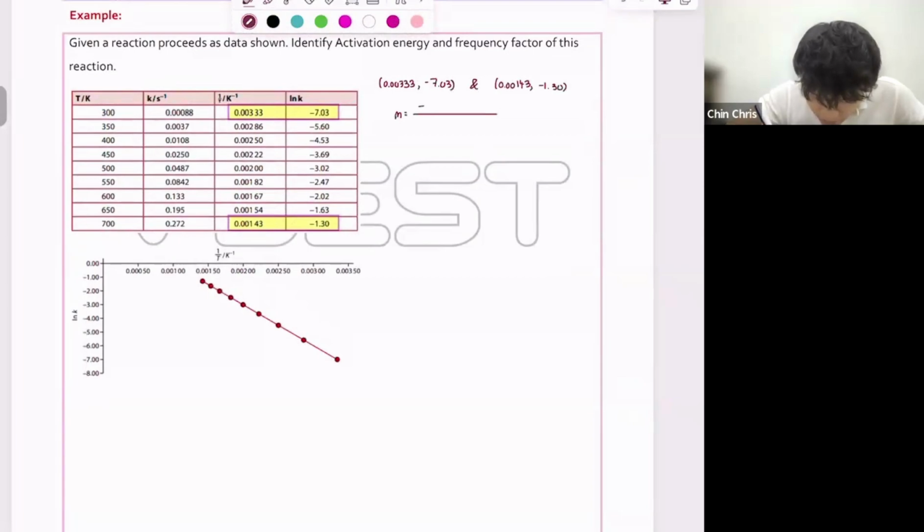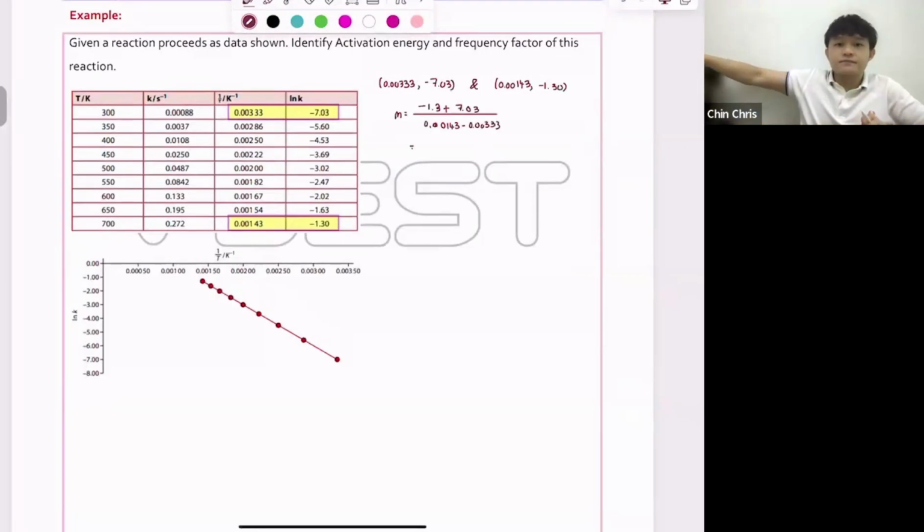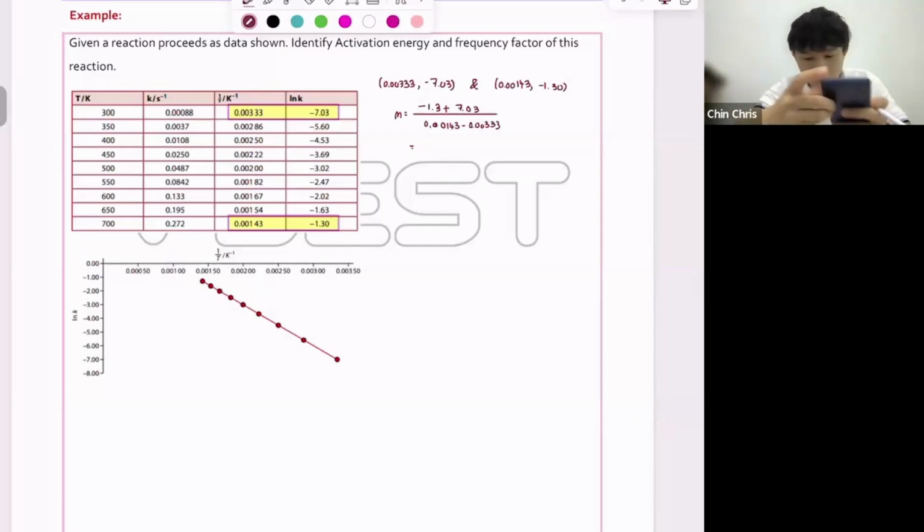Your gradient is equal to negative 1.3 minus the other y value, over 0.00143 minus the other x value from the graph. How much is it? I'm getting around negative 3015.8.